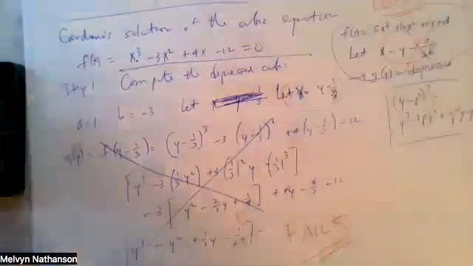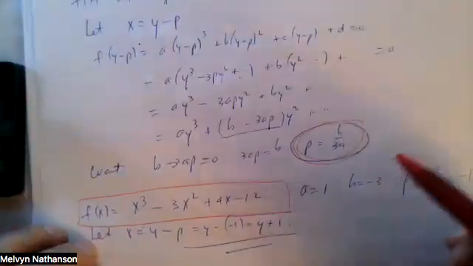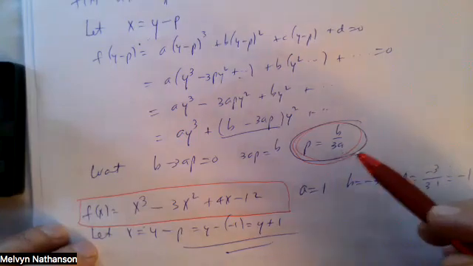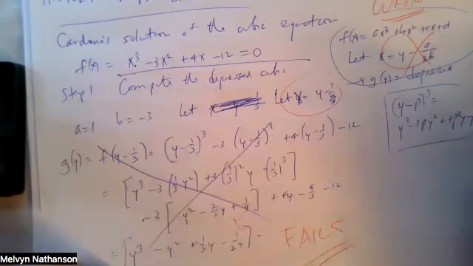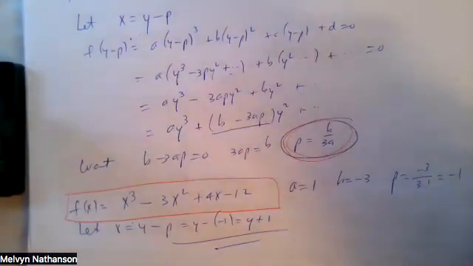Oh, okay. Because what is it supposed to be? It should be x equals y minus b over 3a. Right? Oh, I see. I just wrote down the wrong thing. Okay. Right? So don't look at that. Look at this. Right? Because that's what's right.